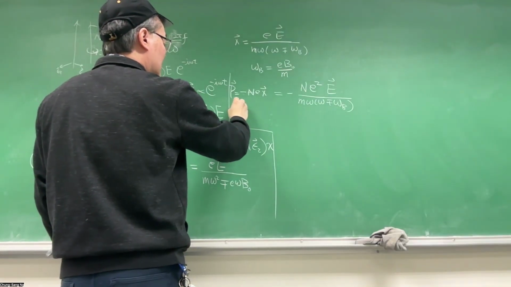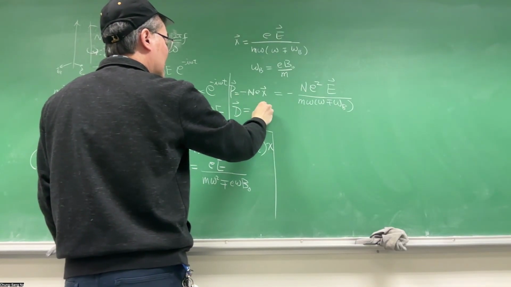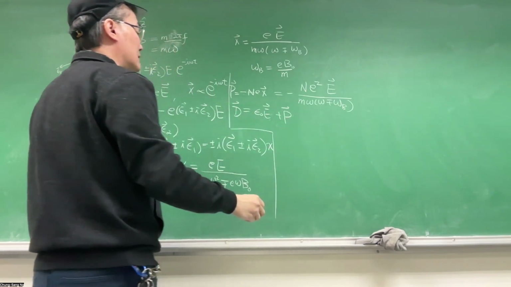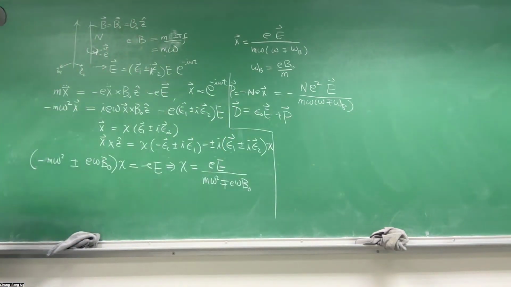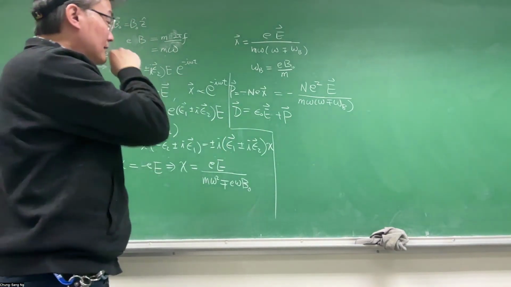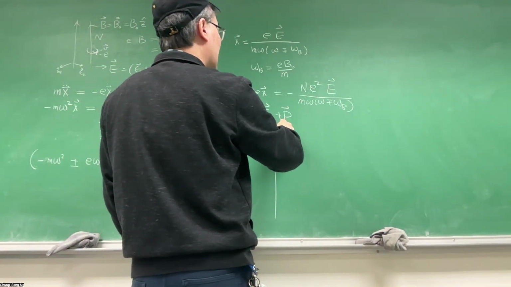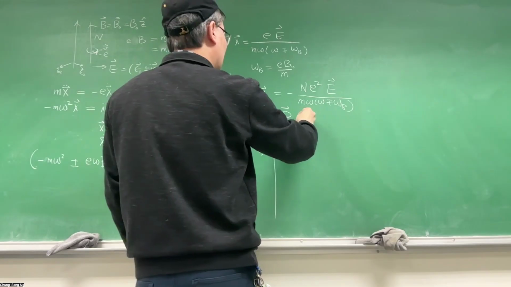So D is given by epsilon 0 E plus P. This is what we learned in chapter 4, right? And then you substitute this into here and group all the E together.